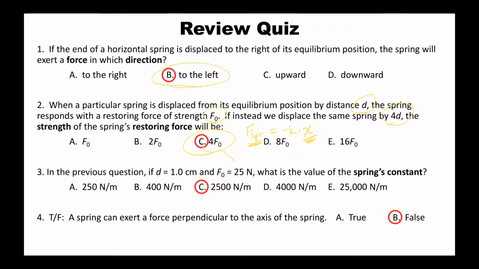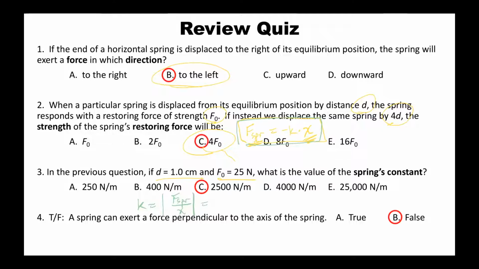What's the spring's constant? If we are given a displacement of 1 centimeter and a force of 25 newtons, well, in that case, you can see from Hooke's law right here that the spring's constant is going to be equal to the restoring force of the spring divided by the amount of displacement.